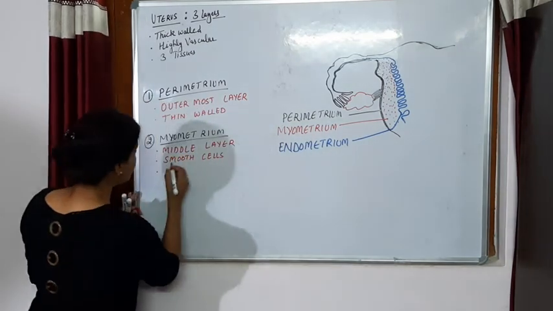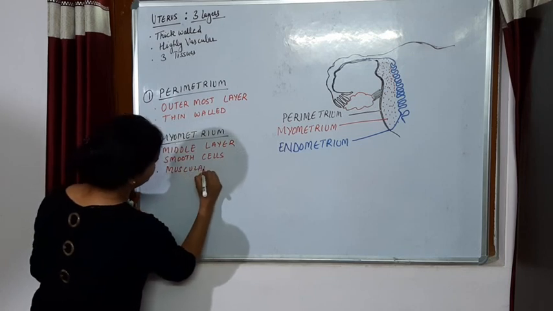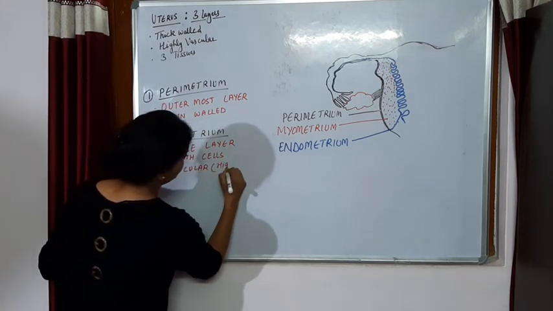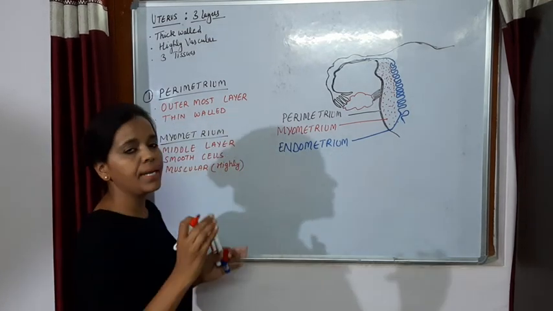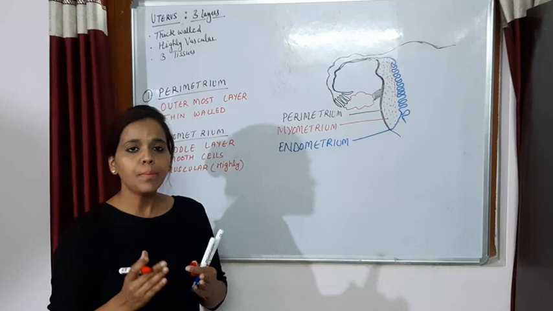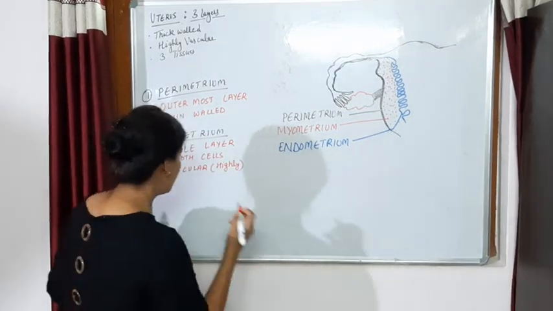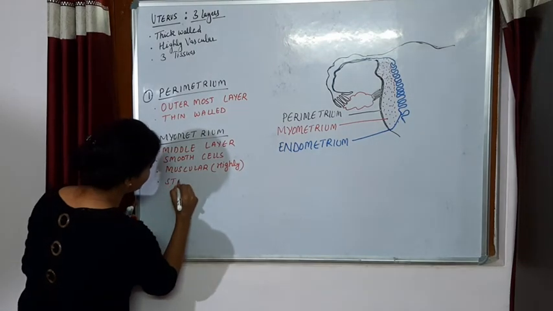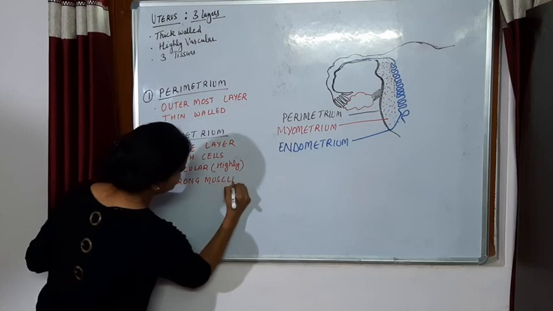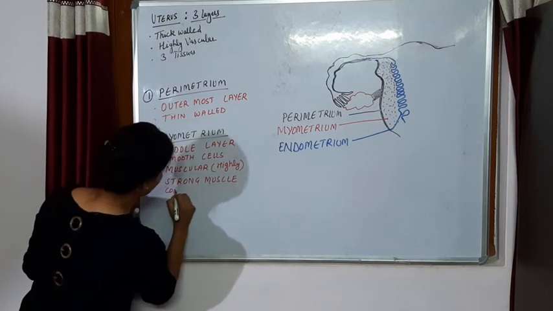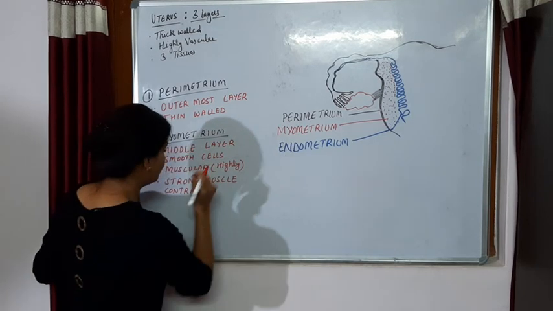This myometrium in red, the middle layer, is highly muscular. So this layer plays a very important role during parturition, when the mother is giving birth to a baby. The strong muscle contractions during parturition are just due to the myometrium.